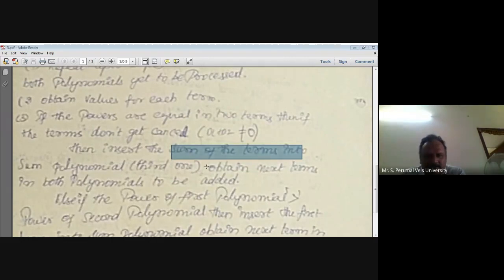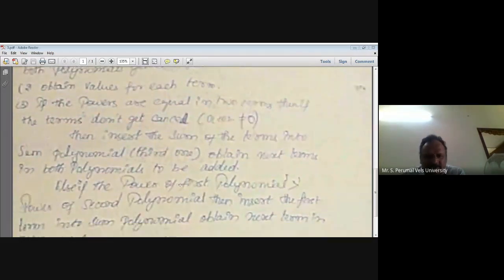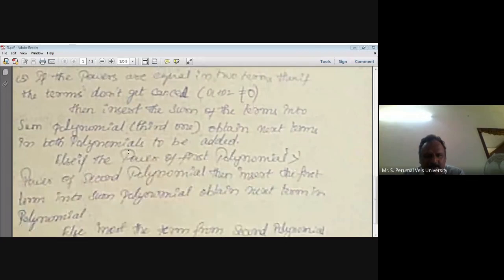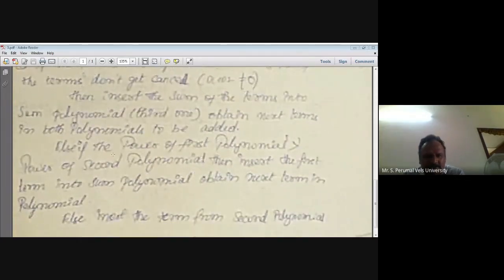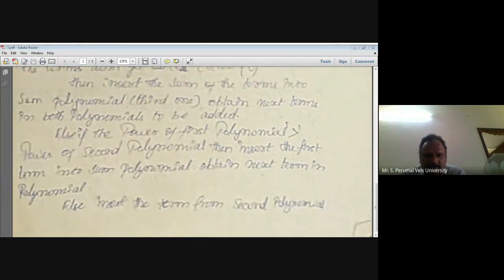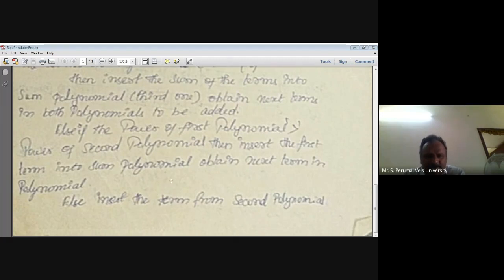After that, you get the next values. Else, if the power of the first polynomial is greater than the second, insert the first polynomial term in the resultant polynomial. Or if this condition is not satisfied, insert the second term into the resultant polynomial.